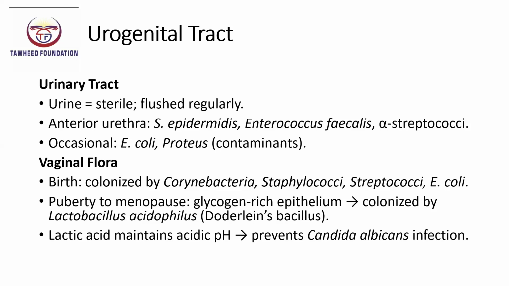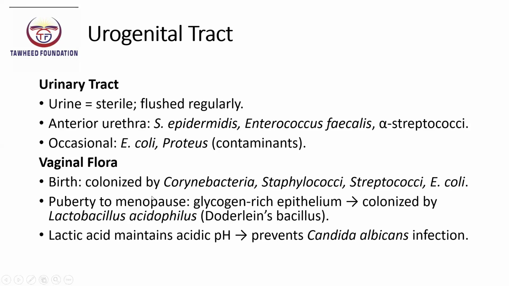So their numbers are not plentiful. However, in addition, some enteric bacteria and corynebacteria, which are probably contaminants from the skin, vulva, or rectum, may occasionally be found at the anterior urethra.